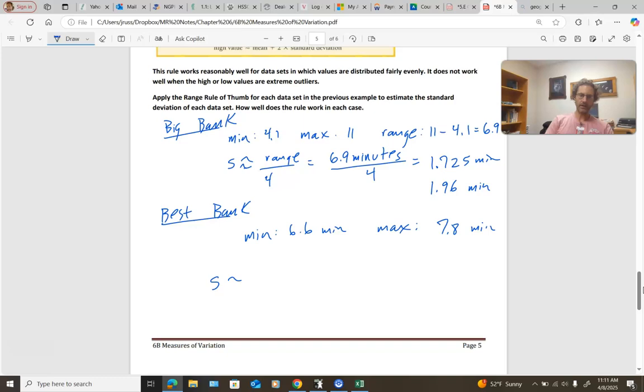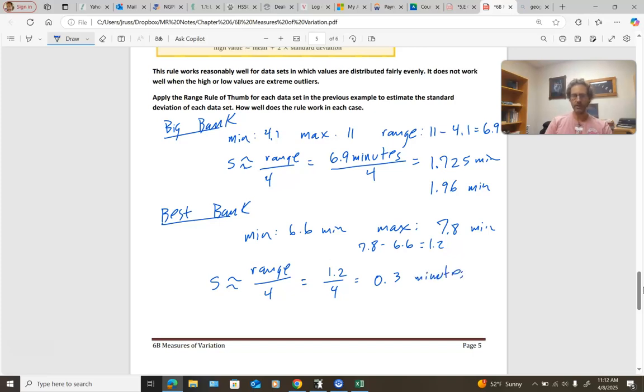Again, the standard deviation is going to be roughly equal to the range divided by 4, where the range is 7.8 minus 6.6, which is 1.2. So 1.2 divided by 4 is actually going to be 0.3 minutes.